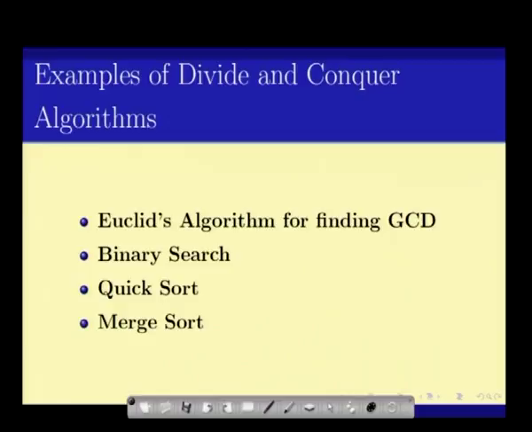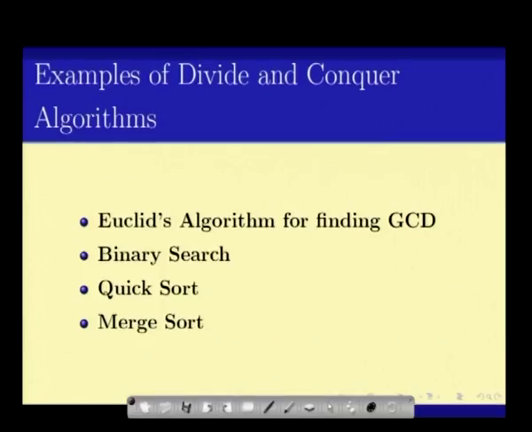Binary search was clearly a divide and conquer algorithm. We were looking for a particular element in a sorted list, and what we did was go to the middle element and ask whether the element is in the first half of the input or in the second half.